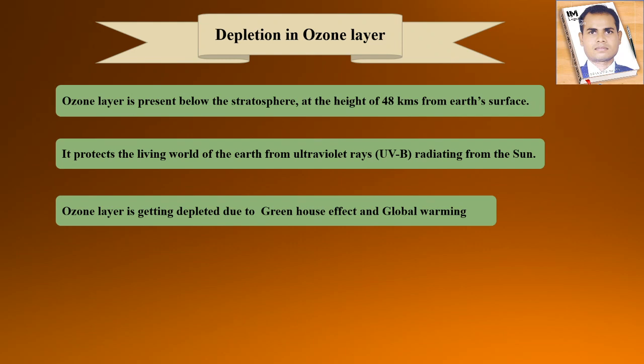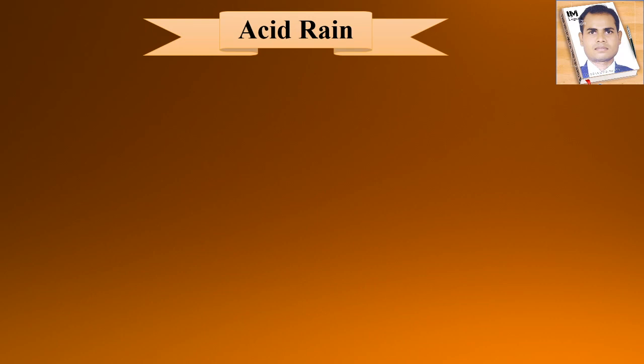Now the next thing we are going to see is acid rain. Acid rain is also one of the important phenomena happening in nature. During the monsoon season there will be acids coming with the rain. But how is acid created in the atmosphere, in the gases? We know there are a number of gases present in the atmospheric conditions, right?